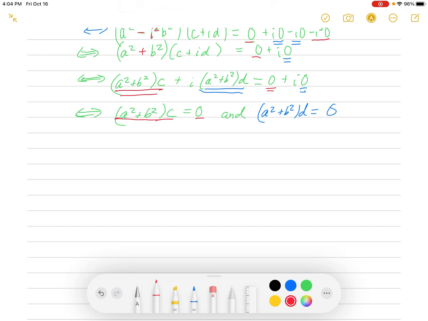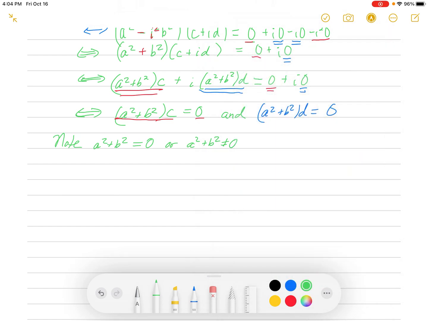Okay. So here we're at a very important step. Here's a fact. Note either a squared plus b squared is 0, or a squared plus b squared is not 0. A number is either 0 or it's not 0.